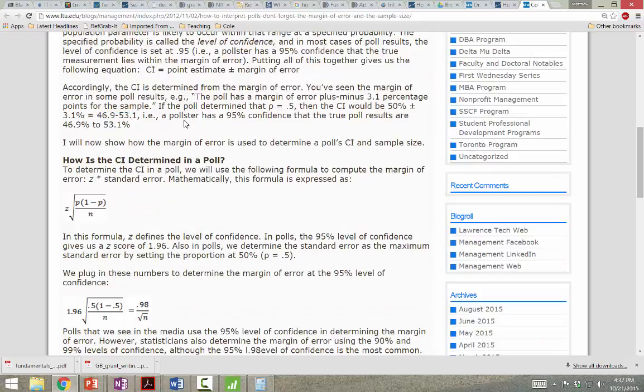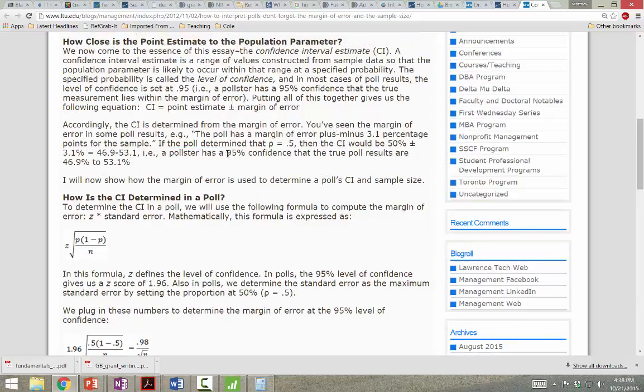So now I hope I've clarified how we use the margin of error and how you'll interpret it.